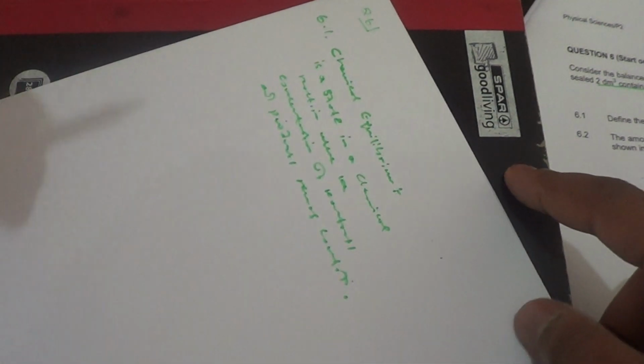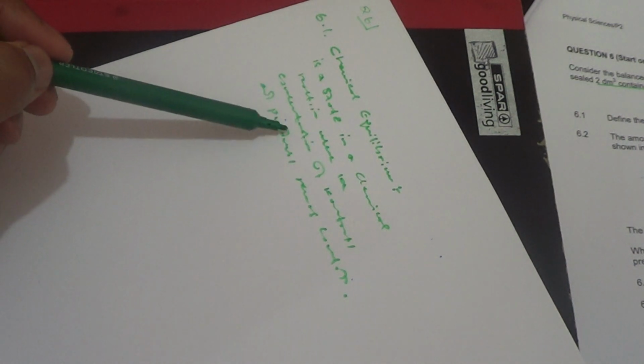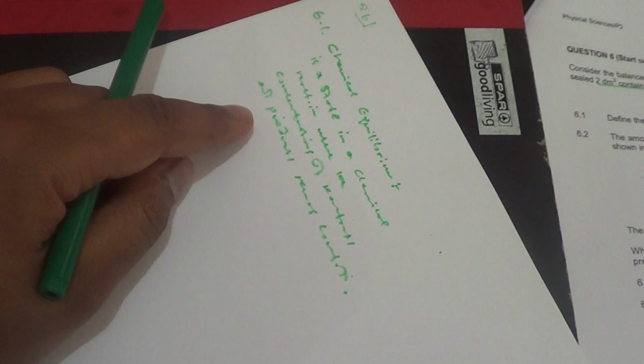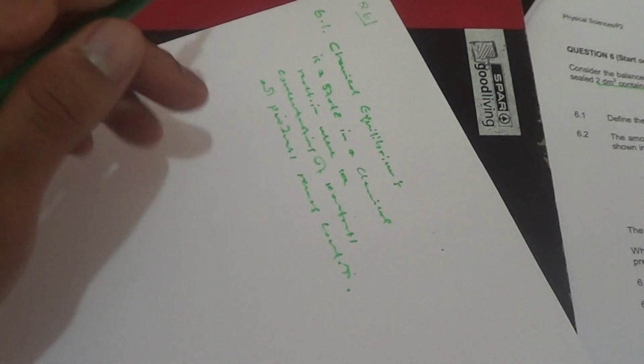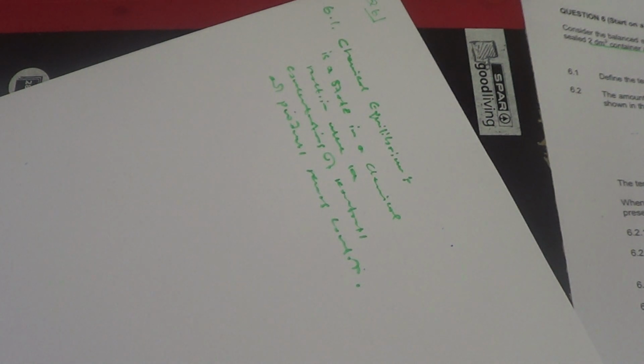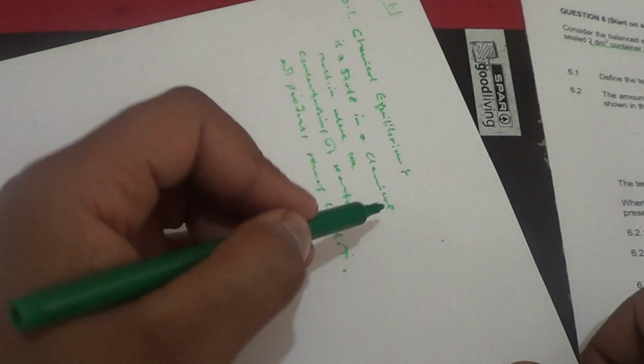So a chemical equilibrium is a state in a chemical reaction where the concentrations of reactants as well as products remain constant. That is as simple as that. Or you can say where the forward reaction equals the reverse reaction, but that is more of what we would call a dynamic equilibrium, but that is what it is anyway. So we are sorted here, easy 2 marks.